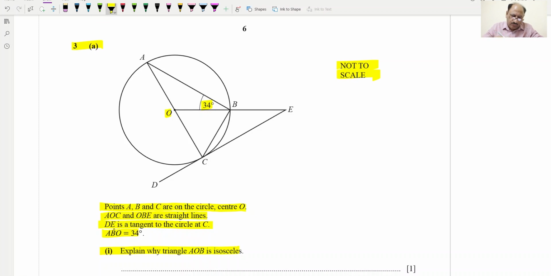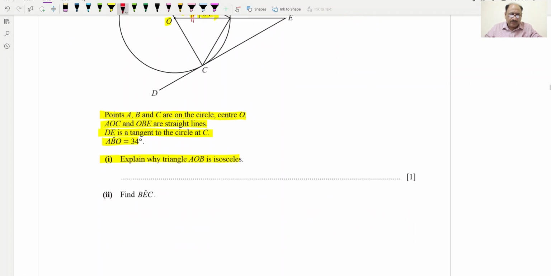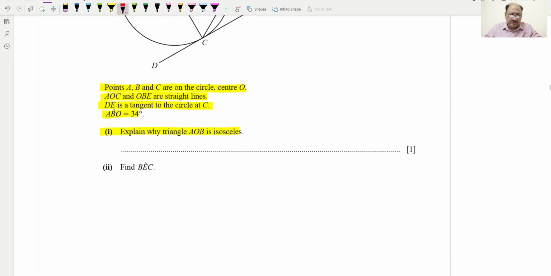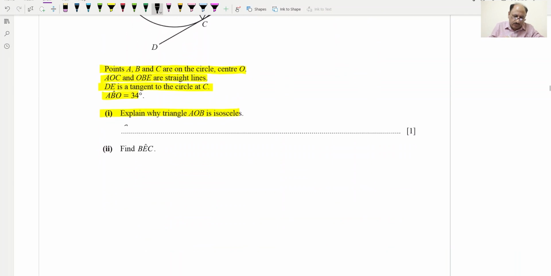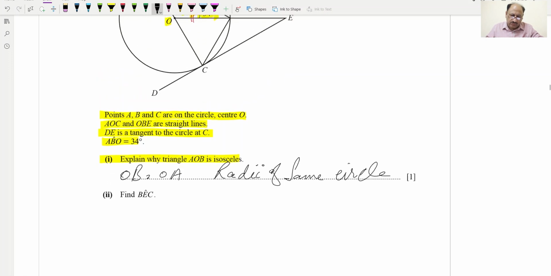So AOB is basically this triangle, and we can see that OB is equal to OA, both are radii. So we can write that OB is equal to OA, and the reason we can write is radii of same circle. So this will be isosceles.